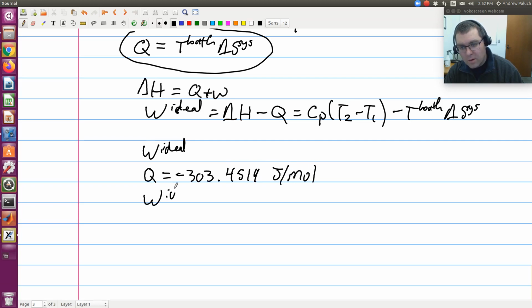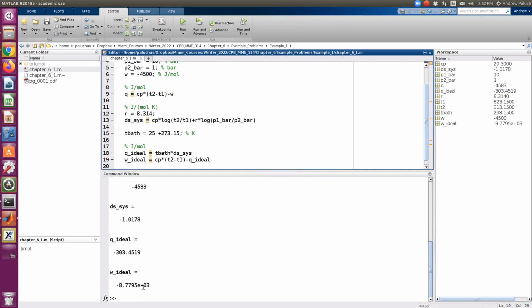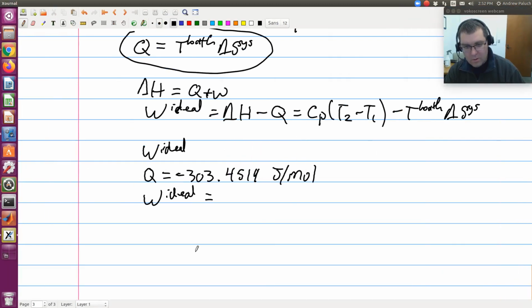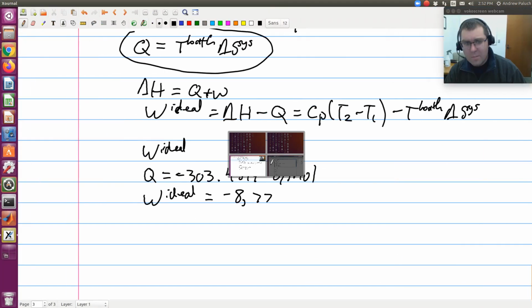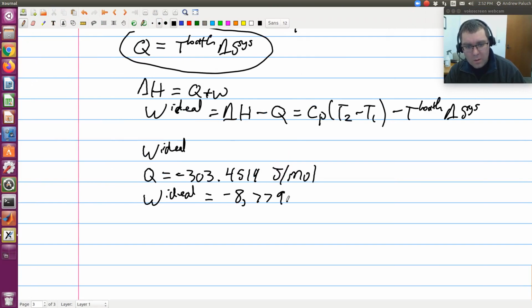And then W ideal is, this is times 10 to the 3, so this is negative 8,000, since the initial value we were given was in thousands, negative 8,779.5 joules per mole. Cool. So there you have it.